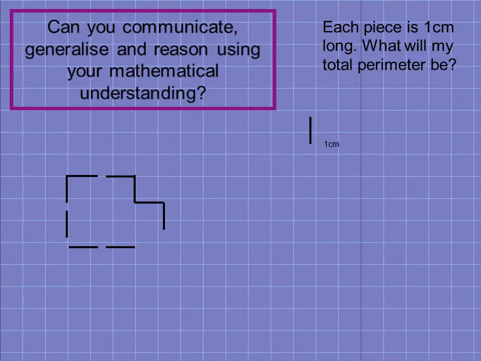Okay, so on this slide, I've now got 1 centimetre pieces of fence, and you can see that I've got a shape nearly completed, but there's 1 piece missing at the moment. We've got to work out how many 1 centimetre pieces I've used in my shape. We don't have to name the shape at the end, but we need to know what the perimeter is. So I'm going to count all my 1 centimetre lengths. First of all, starting with the ones I've used in the shape.